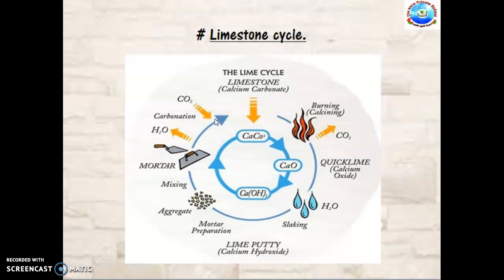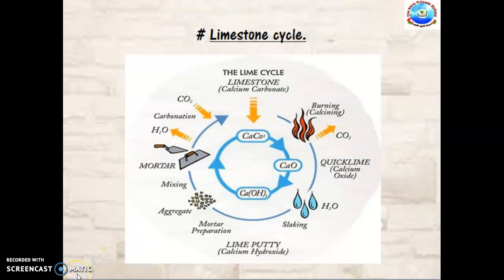In the previous slide we saw that when there is a bubble of carbon dioxide it turns milky. So in this calcium hydroxide, when there is passing of carbon dioxide, it converts into limestone. So this is the cycle which keeps revolving.